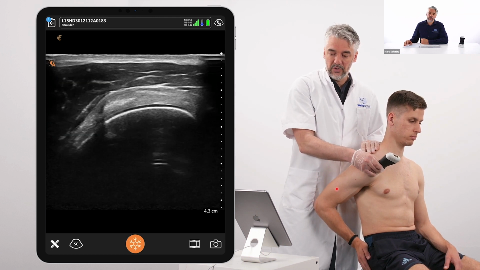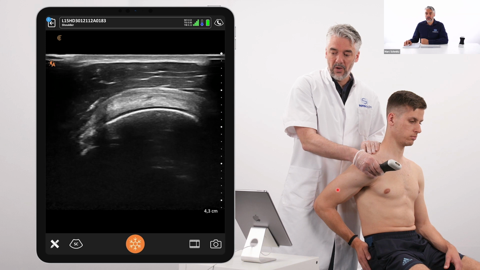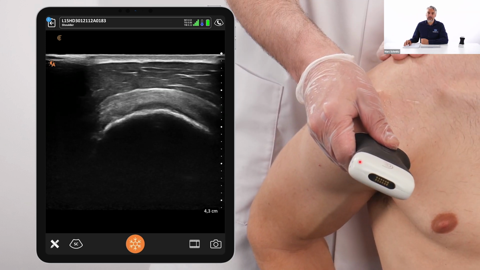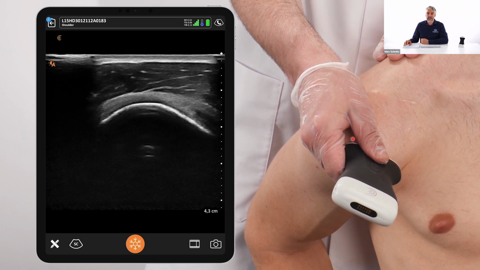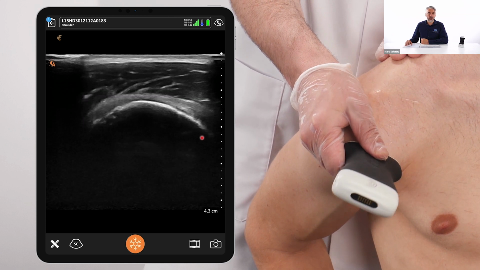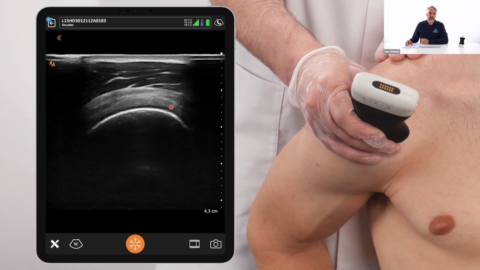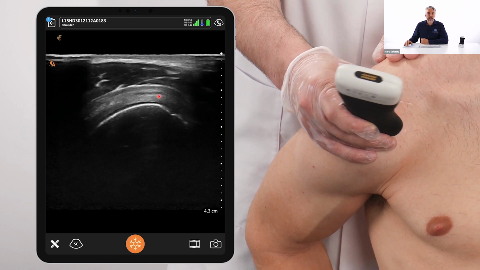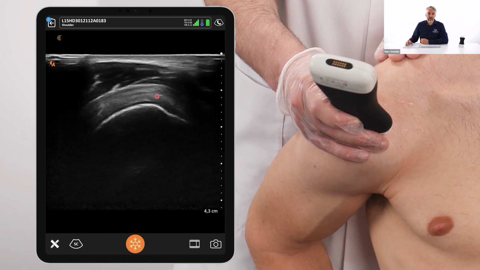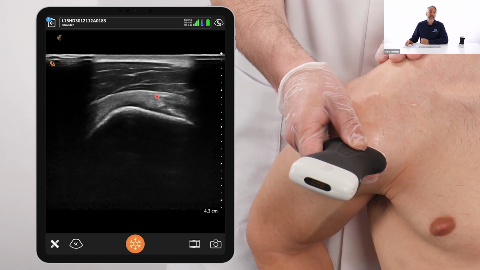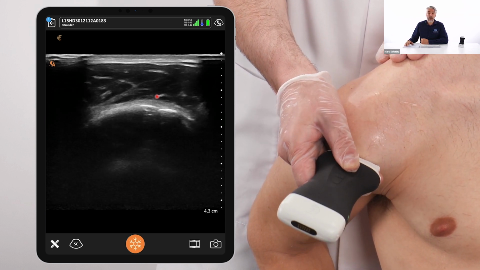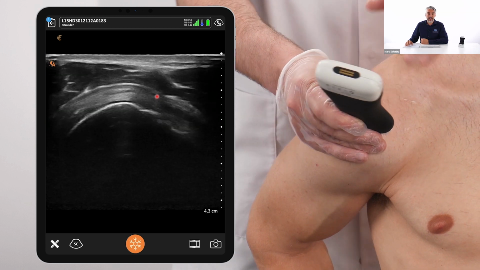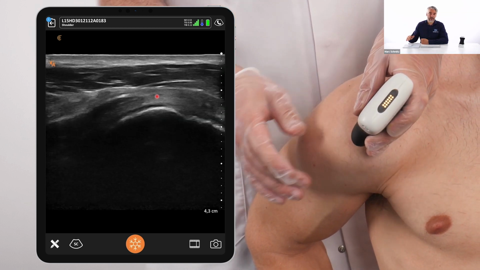I'm placing the shoulder in a modified Crass position, hand on the back pocket, and first I'm going to look at the supraspinatus in transverse. This we can see right here. I'm going to circle around the convexity of the humeral head, looking at all parts of the supraspinatus. Again, supraspinatus is really broad, so don't miss a thing, because it's a highly relevant structure.